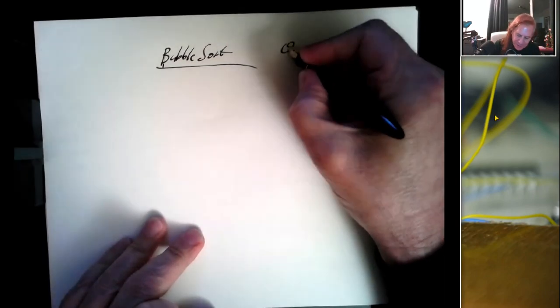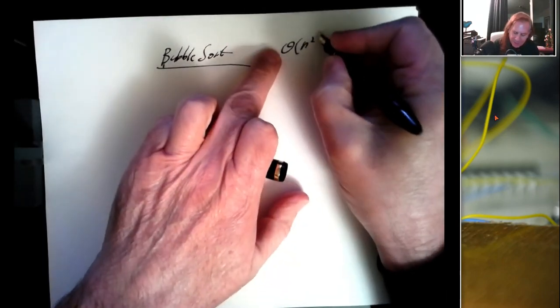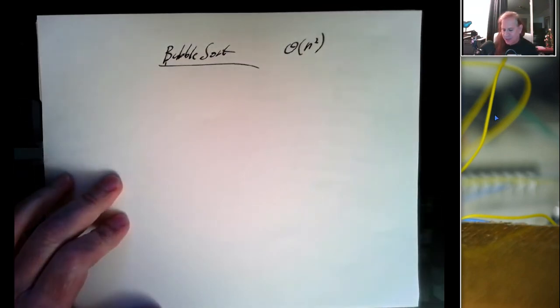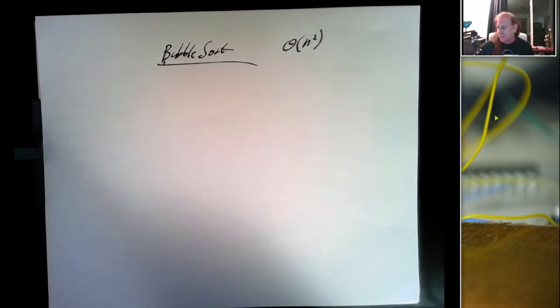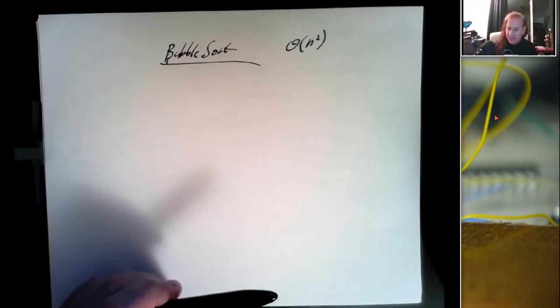If you're just trying to sort 100 or 1,000 numbers, n squared is perfectly fine. But it's a very inefficient sort because it's based on a pair of nested loops. And remember, if you have a for loop inside a for loop, that tends to be order n squared. But it's a good sort to start with. It's relatively easy to explain and to understand how it works.